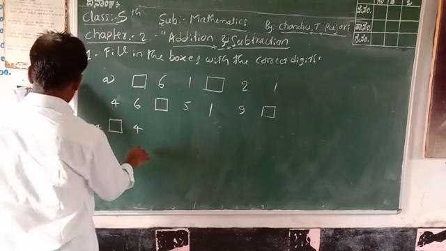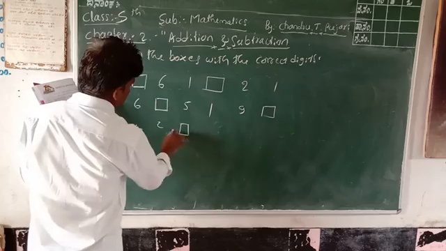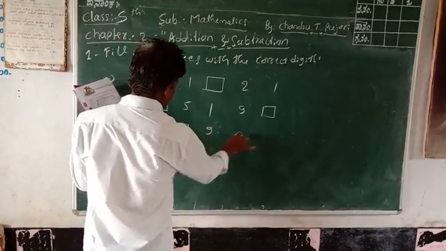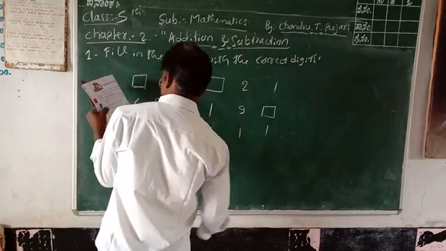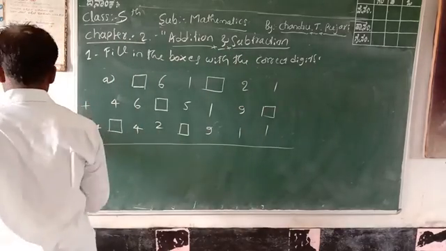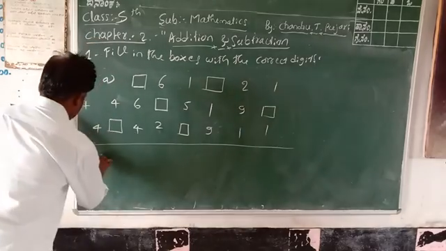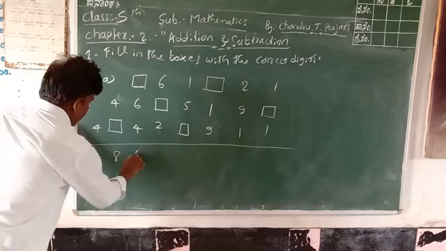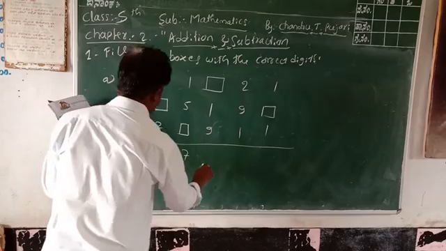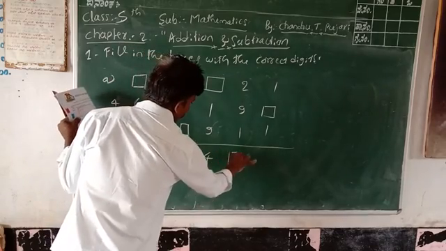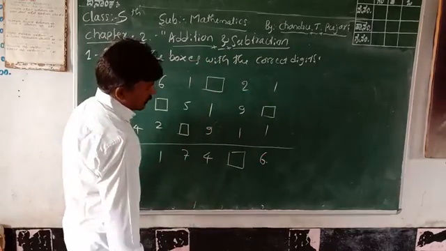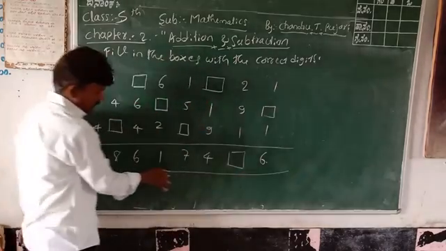Next 4 2 box. Next 9 is there. 1 is there. 1. Therefore, our answer is these two addition is the answer. Answer is 4 8 6 1 7 4 one box is the 6. Choose your correct digit on the box.